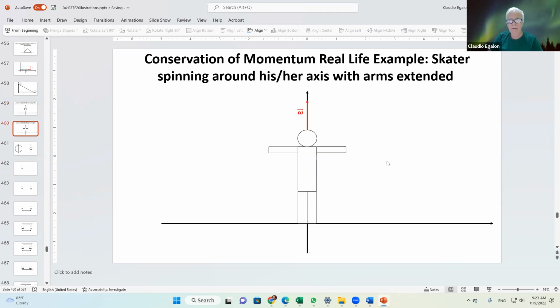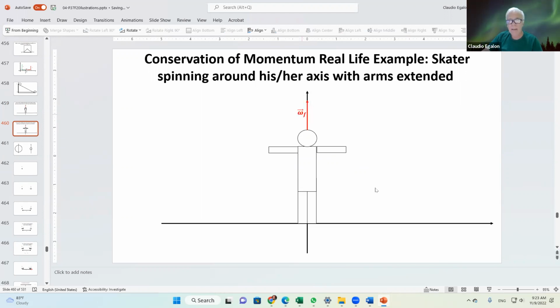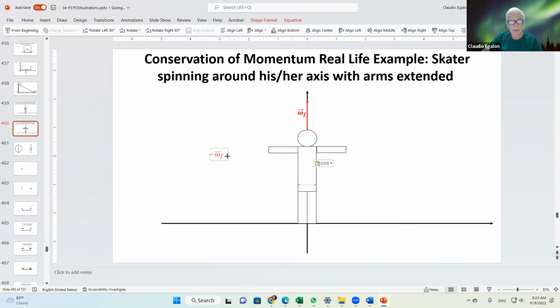And in the next illustration, the skater has this other angular velocity, with a different moment of inertia, IF.